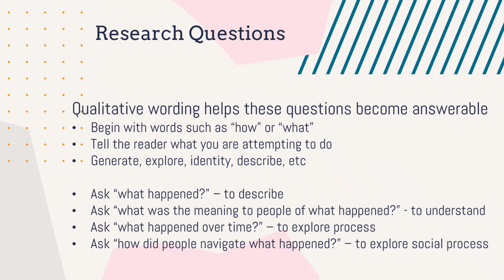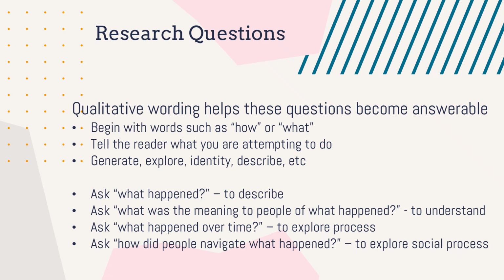When writing our research questions, we want to begin with words such as how, what, in what ways. You tell the reader what you're attempting to, using qualitative words: discover, generate, explore, identify, or describe. You ask what's happening if you're interested in developing descriptions.